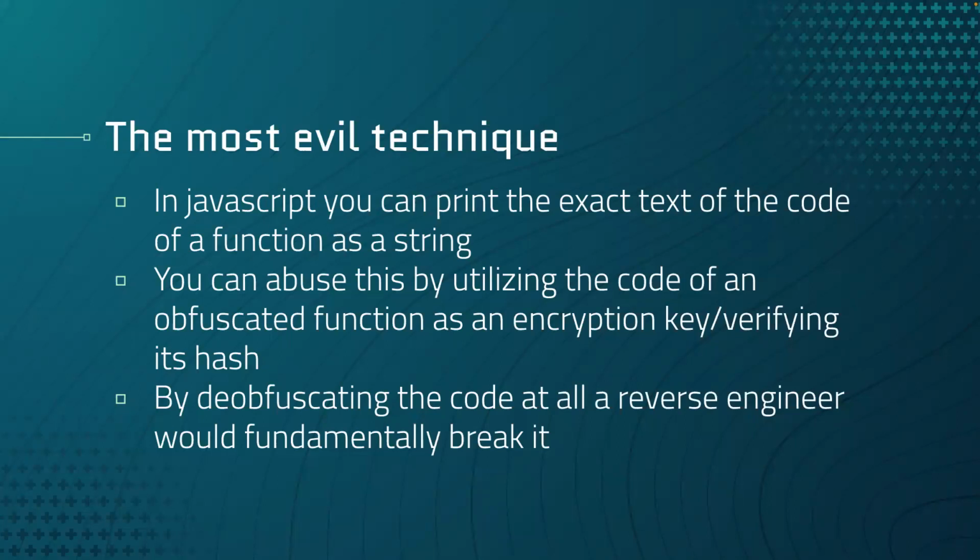Actually no, I don't think that's what it did. I think it used it as an encryption key for decrypting some of the other strings. So basically because I had already started deobfuscating it, I had no idea what the original function looked like, so I lost the key basically by doing anything to it.